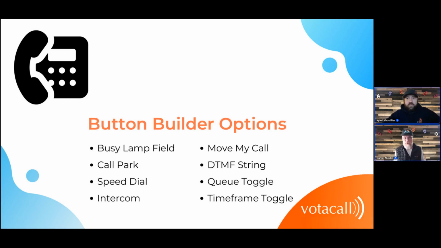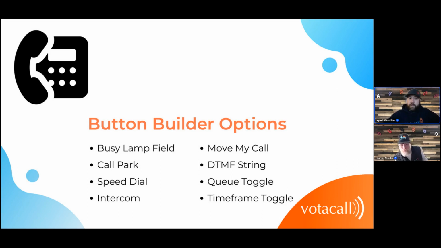So what are some of the button builder options? You can program busy lamp field buttons, probably the most commonly used button. If I wanted to put Dan's extension on my phone as a button, I would program it as a busy lamp field.